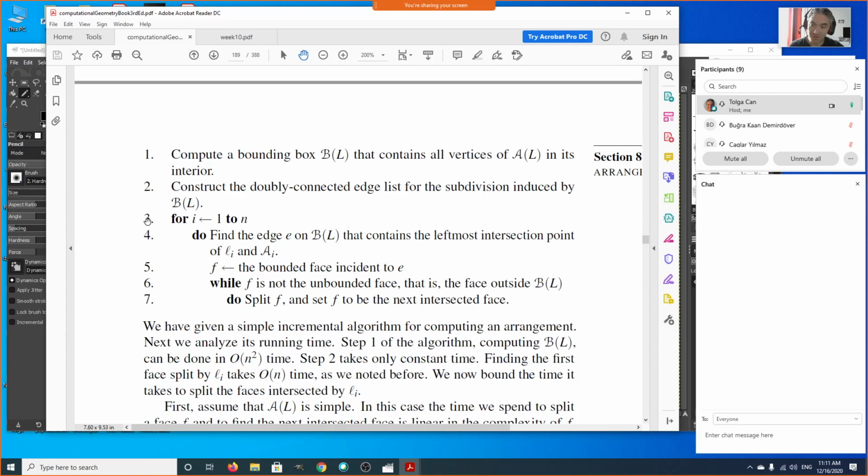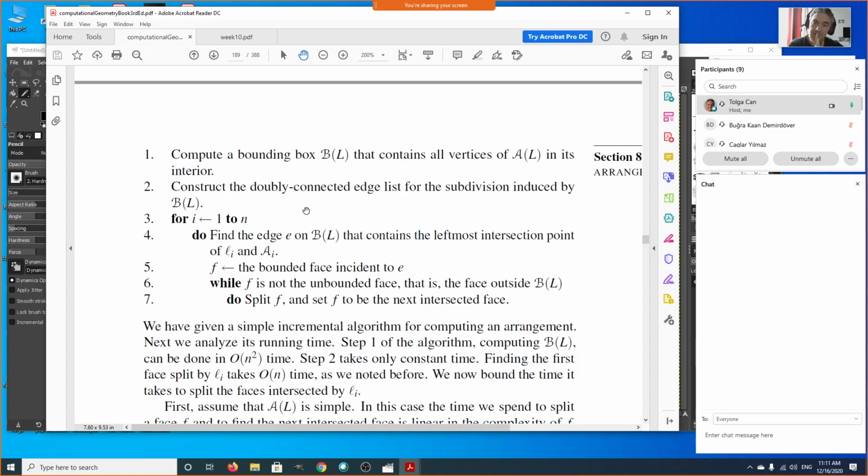And from step 3 to step 7, this is the incremental step where I add every one of those lines one by one. The first step is finding the edge on the bounding box that has the leftmost intersection point. To optimize this step, you can keep the original bounding box edges, maybe by keeping pointers to the original edges whenever you divide them in your doubly connected edge list.